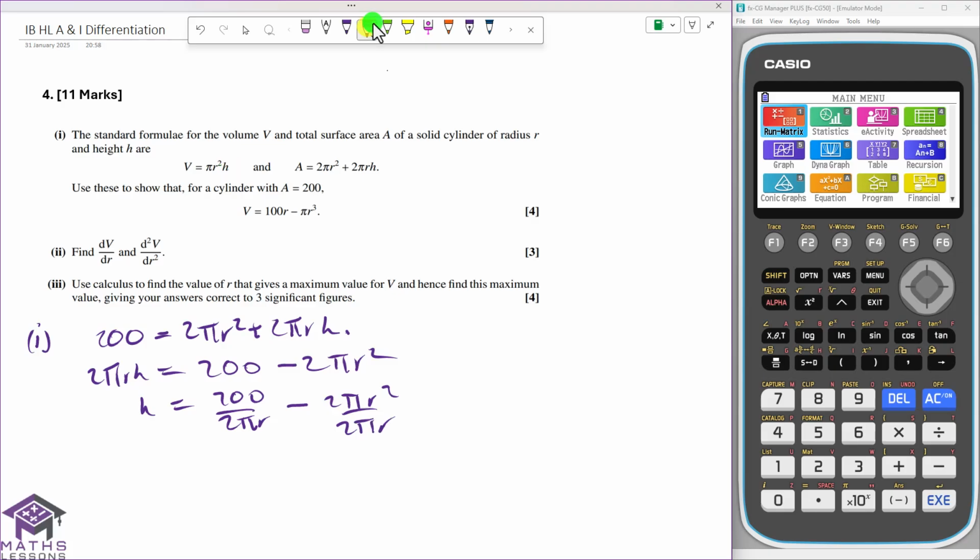And we can see we can cancel a bit of this down, and we can cancel quite a bit of this down. And what we get for h is 100 over pi r minus r.